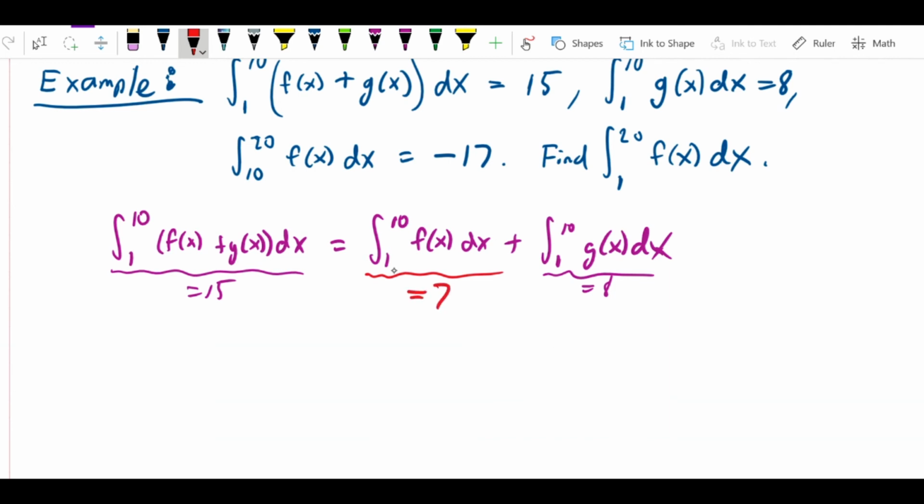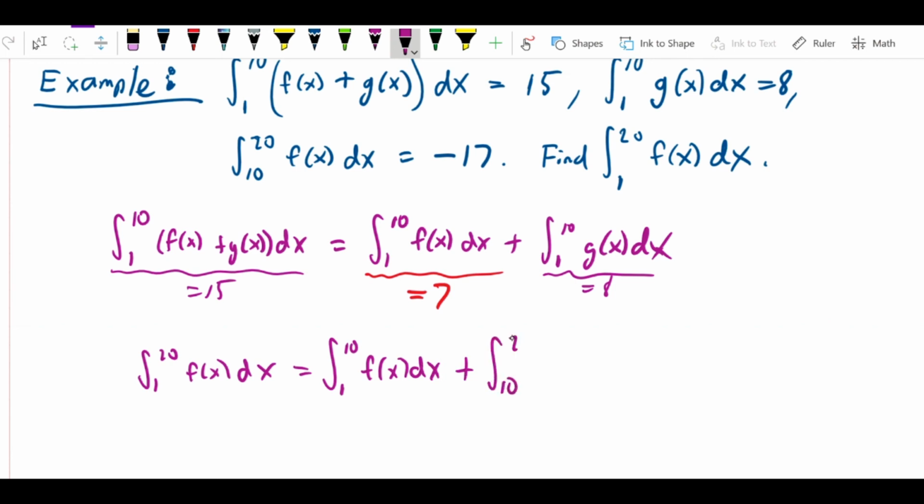So now what we know by the additivity property again is that the integral from 1 to 20 of f of x dx is equal to the integral from 1 to 10 of f of x dx plus the integral from 10 to 20 of f of x dx.